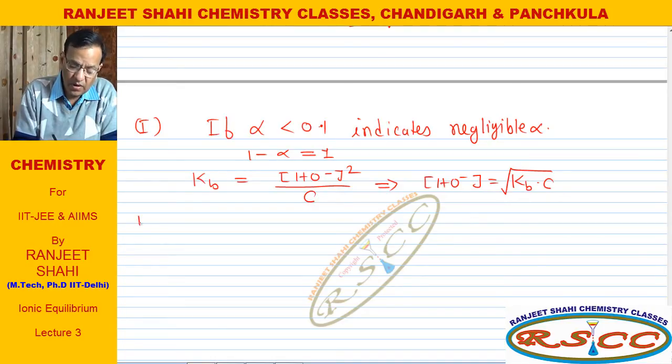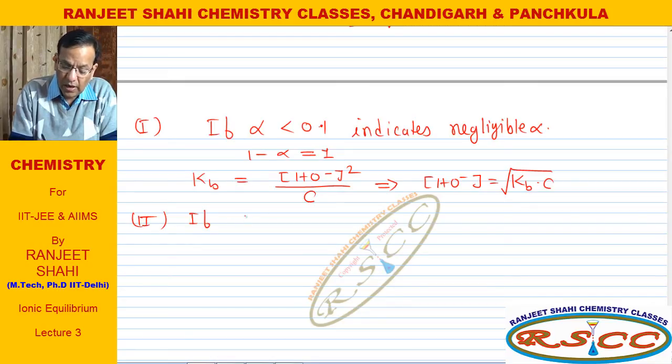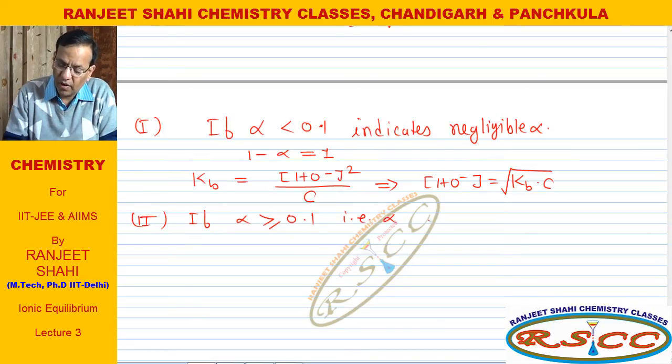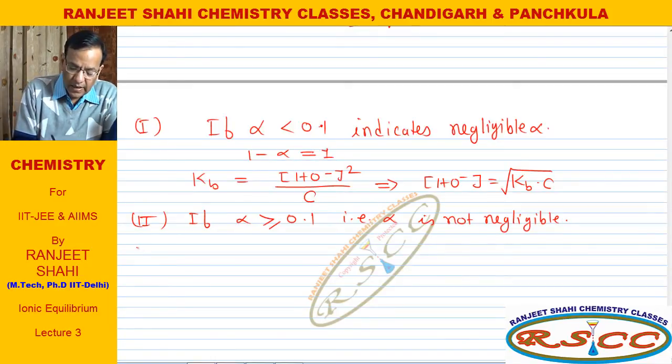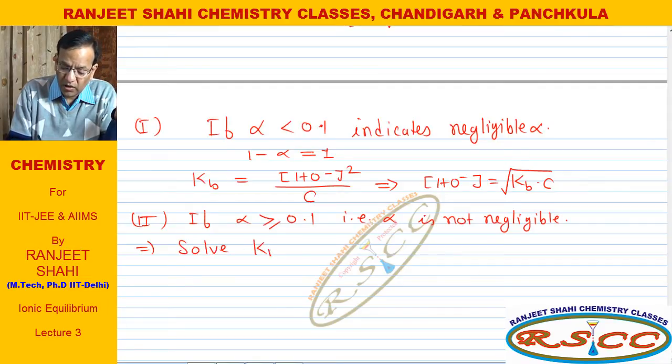But if alpha comes out to be greater than or equal to 0.1, that is, alpha is not negligible, then solve the expression Kb equals C alpha square upon 1 minus alpha.